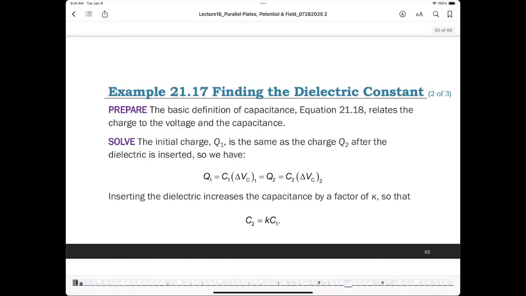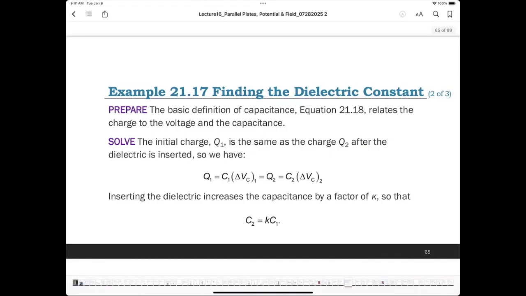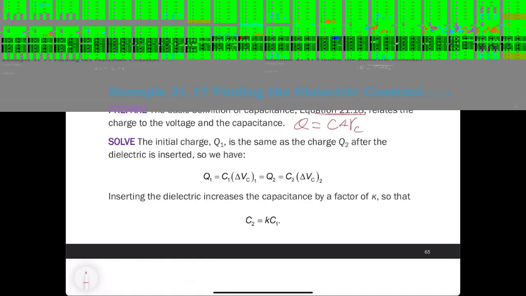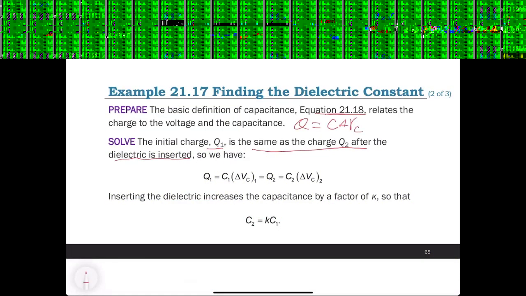That's the basic definition of capacitance. Equation 21.18 relates the charge to the voltage and the capacitance: Q equals C delta V. The initial charge Q1 is the same as the charge Q2 after the dielectric is inserted.